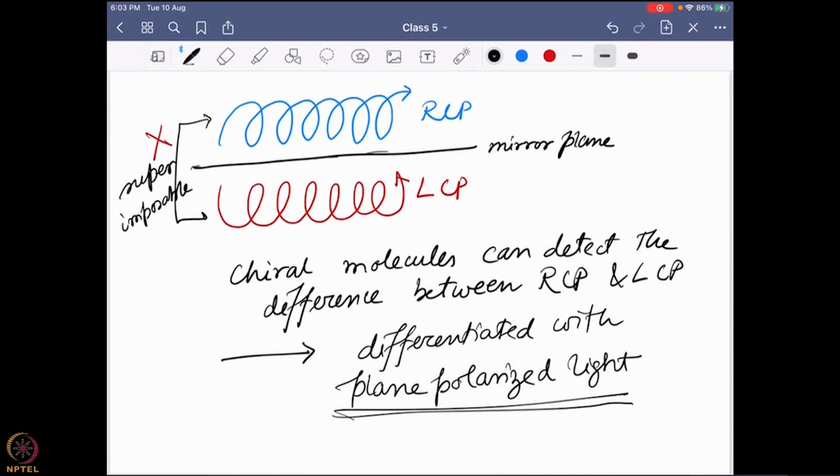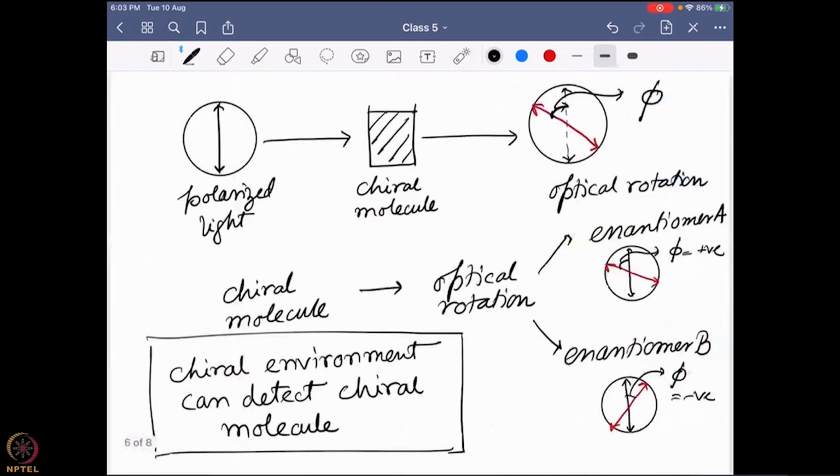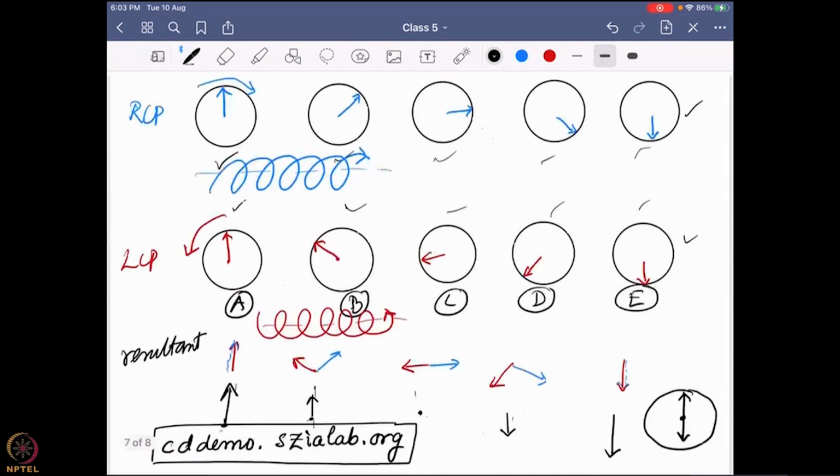So before going there, again, I'm going back a little bit. This is very important. We can use plane polarized light, and the plane polarized light can show us an optical rotation. The plane polarized light, we can say, is a combination or superposition of two different circularly polarized lights, one right hand, one left hand. And over here we defined how this superposition can give you a plane polarized light.